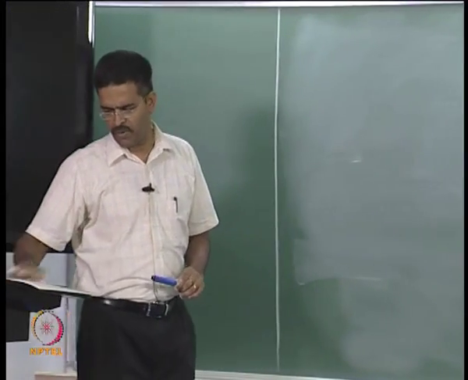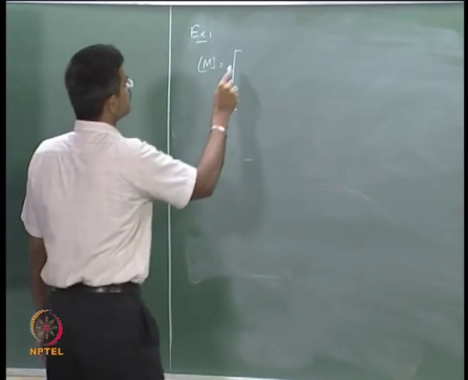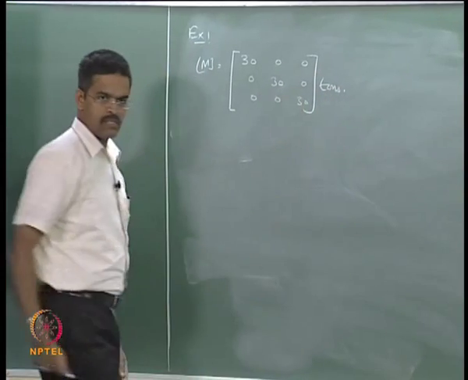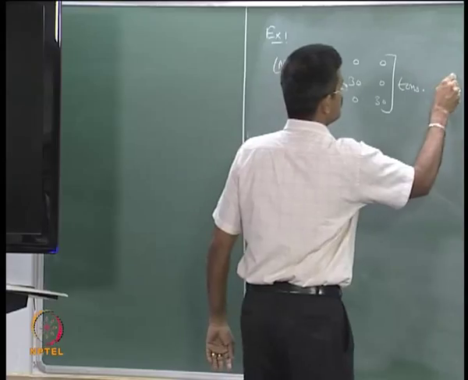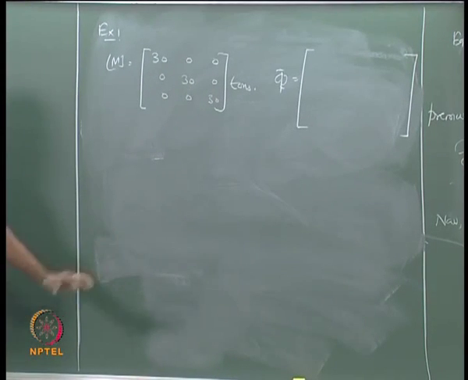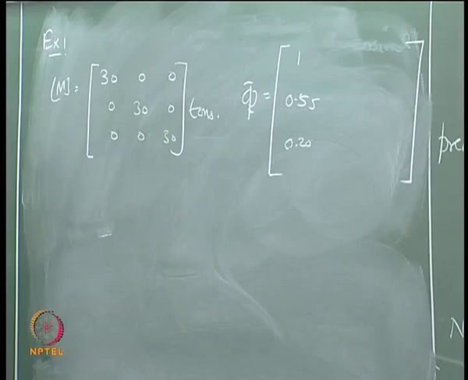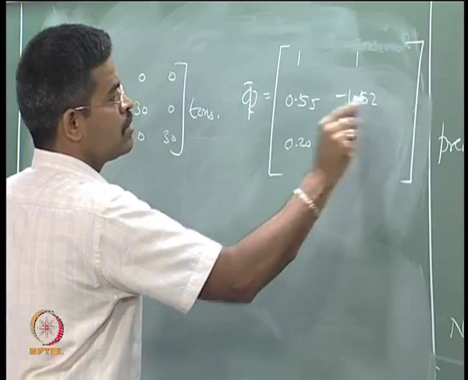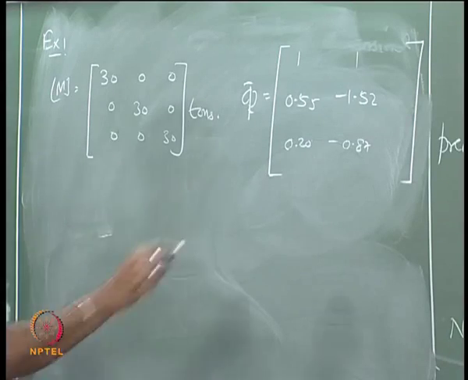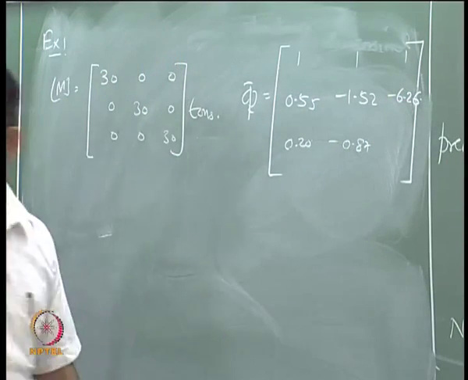So let us say I have an example of a 3 degree of freedom system whose mass is given in tons, and of course we have the modal matrix, which we know how to get, but I am giving the values if I know my K and M. This is 6.26 and 12.10.